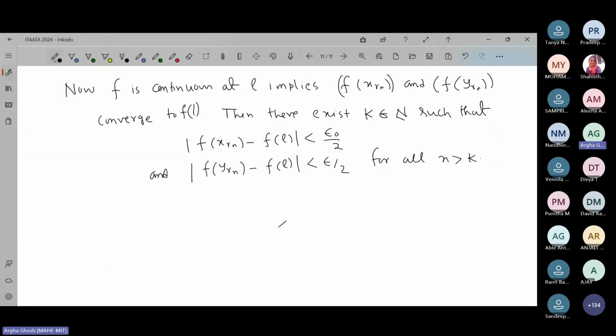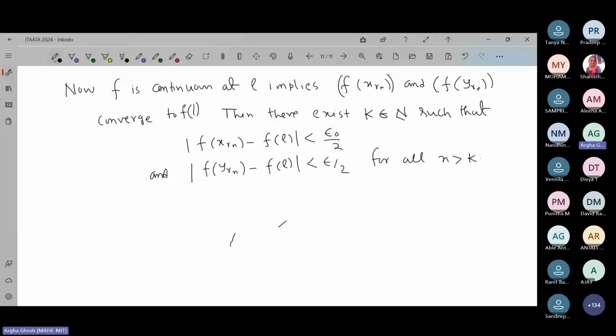Because the sequence f of XRN converges to the point f of L. Therefore, for epsilon naught greater than 0, you will have a positive integer for which f of XRN minus f of L will be less than epsilon naught by 2.